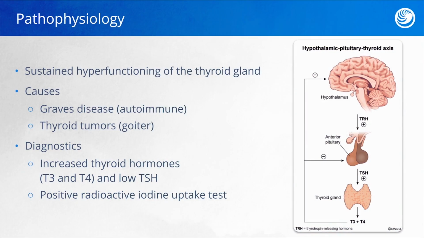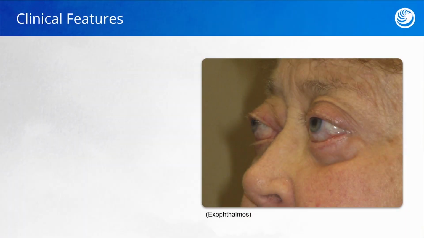Increased thyroid levels within the body result in an increased sympathetic nervous system response and increased metabolism. Remember, the sympathetic nervous system helps us to control our fight or flight response. Therefore, we can expect our symptoms to mimic those of an activated sympathetic nervous system. And we can remember these symptoms by thinking of the mnemonic sweating.